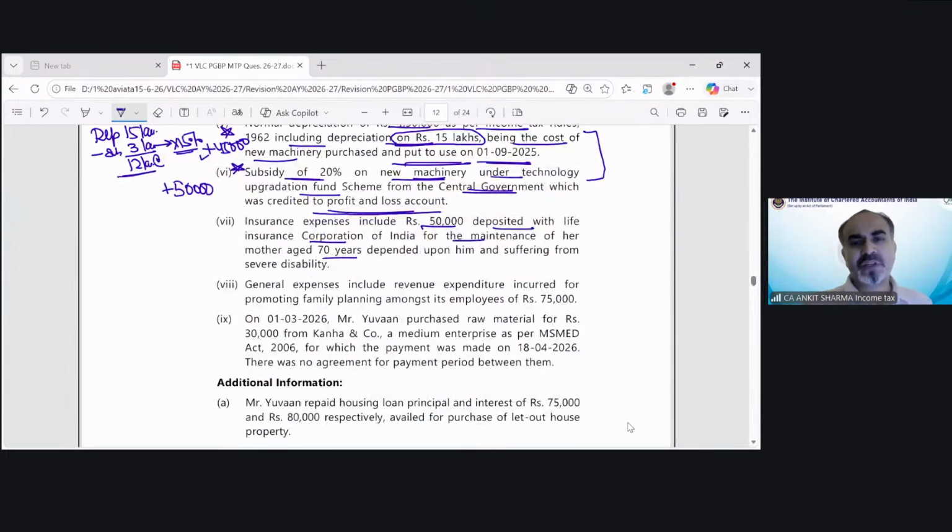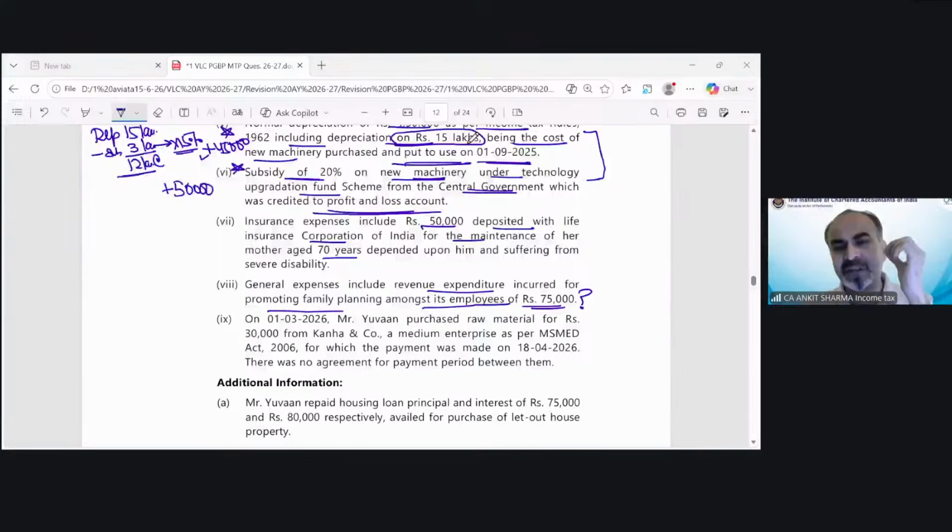General expense includes revenue expenditure incurred for promoting family planning amongst its employees of rupees 75,000. So can anyone tell me the provision regarding family planning, whether it's going to be allowed over here or not? And if it is not, then why? In short, somebody can explain whether this is allowed or disallowed and the reason behind it.